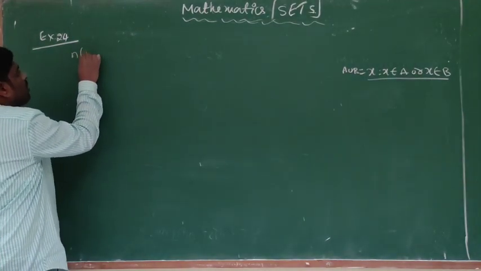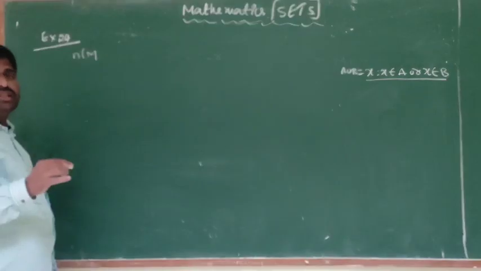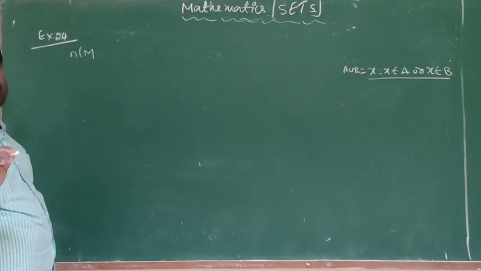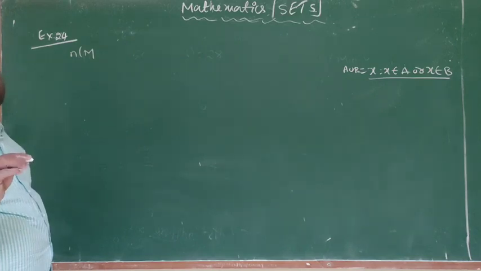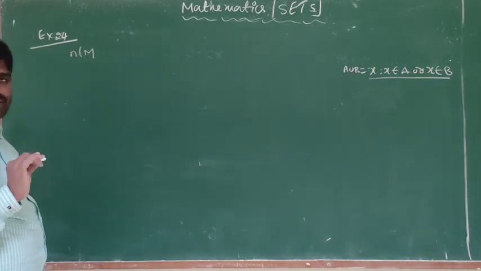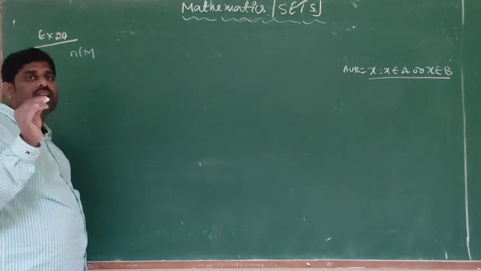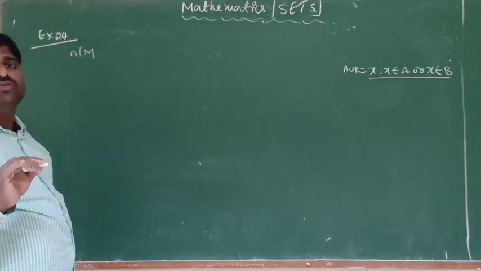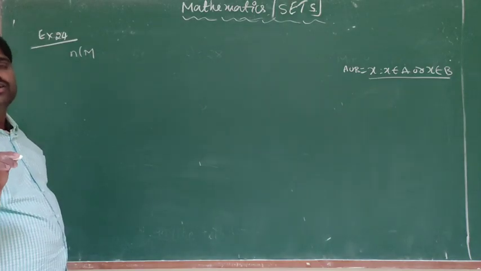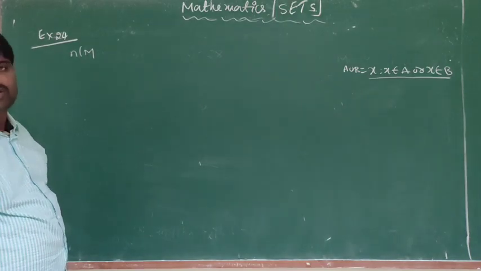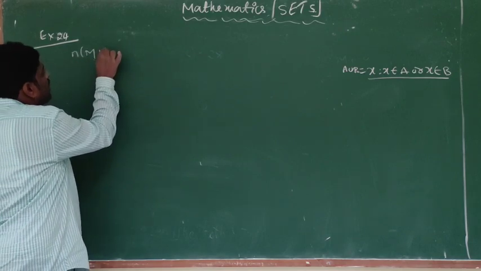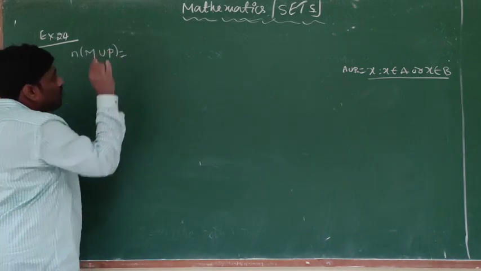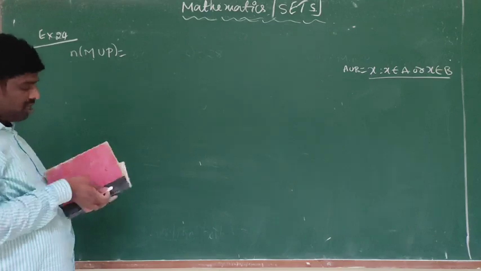Write the sentences yourself. I will write the data. M stands for the set of people who teach mathematics. P stands for the set of people who teach physics. M union P stands for those who teach mathematics or physics. That is, n of M union P is equal to how much? 20.